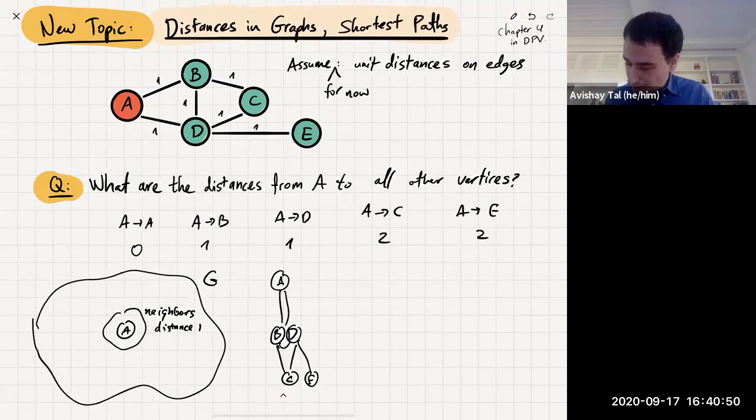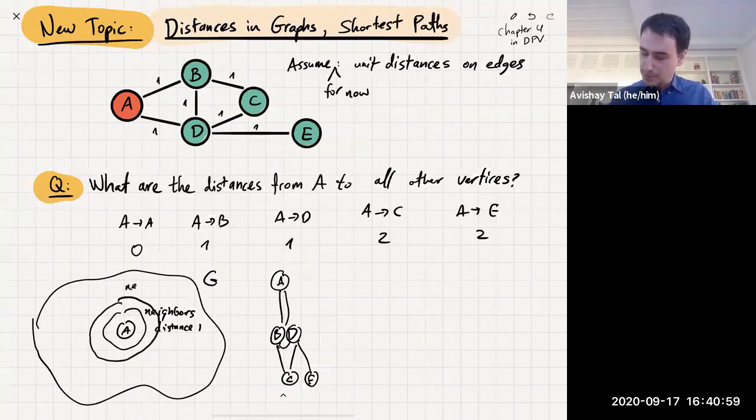So it's everything that was not revealed previously that is a neighbor of the neighbors. It's neighbors of neighbors, but not revealed before.